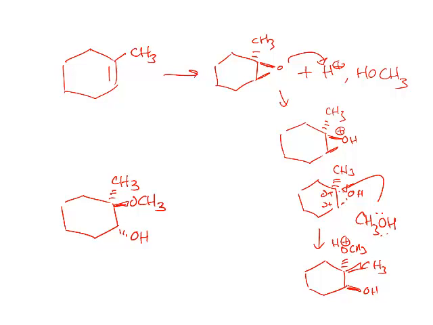So this is okay. And then I'm going to lose my H plus because this is acid catalyzed. That's going to give me my OCH3 on the dashed, my methyl on the bold, and my OH on the bold.